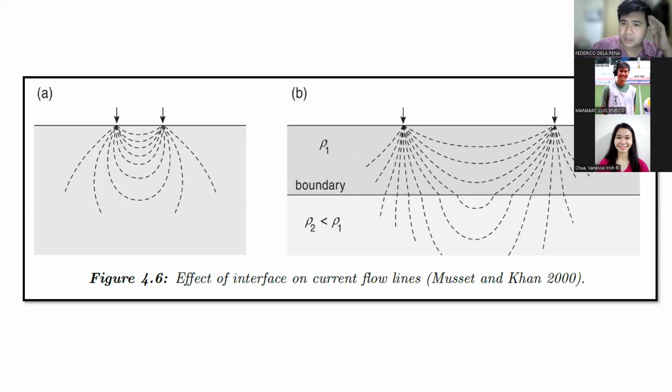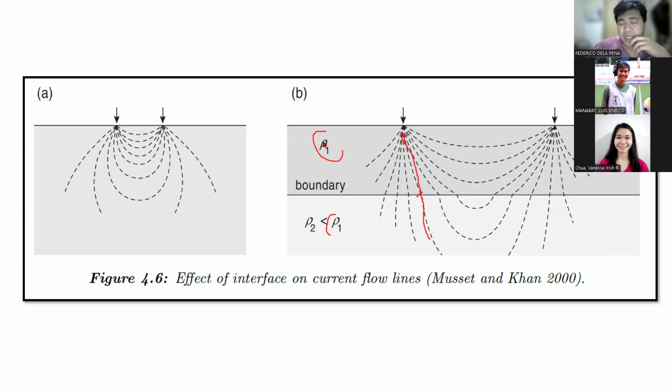And you can also see here, P1 is less than P2. So here you are encountering a higher resistivity layer, right? And what happens is that the dip or the inclination of the current will become steeper, and it will cause the current to penetrate deeper into the ground.